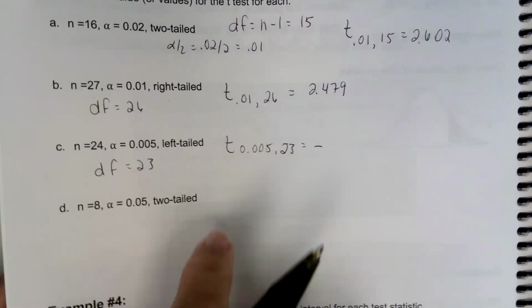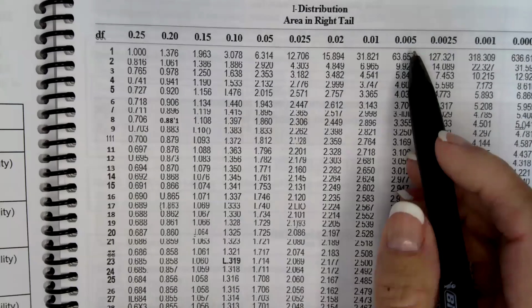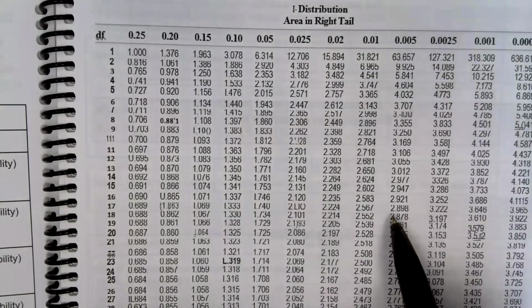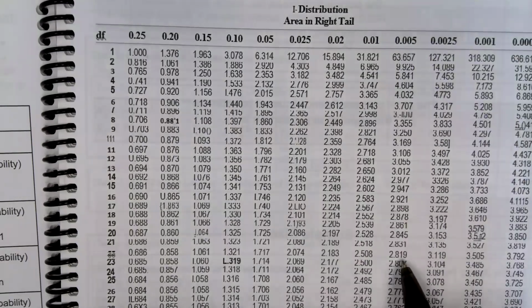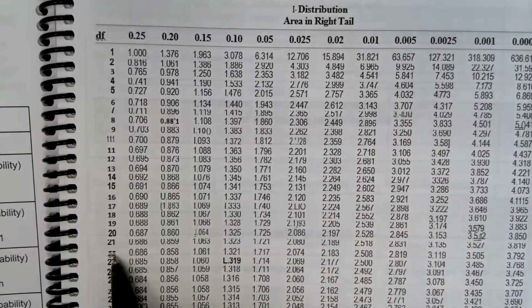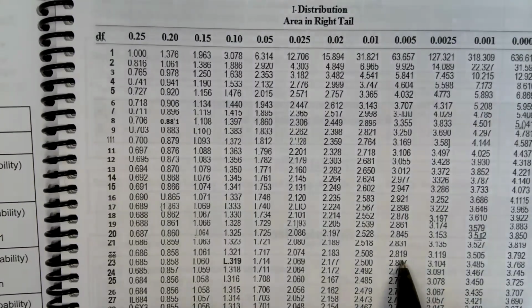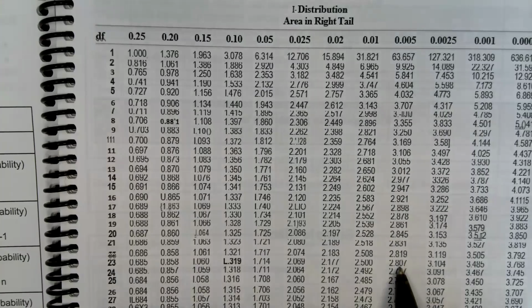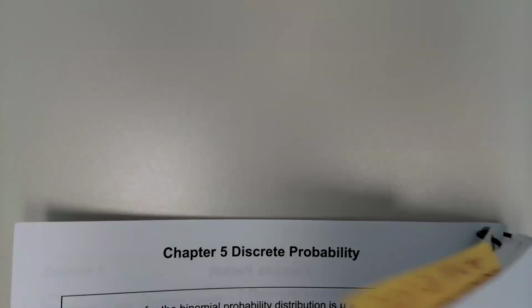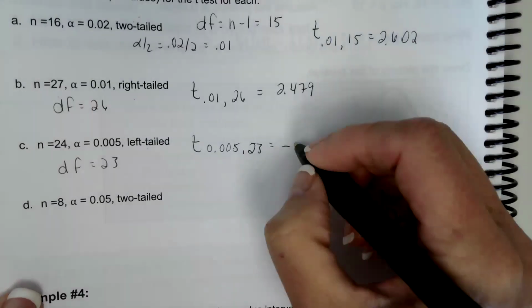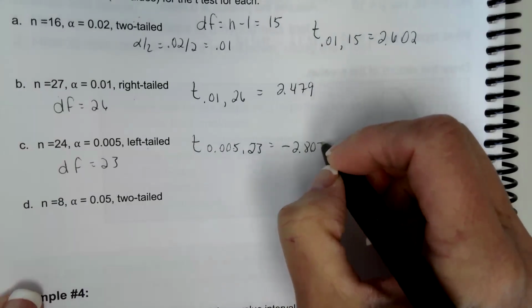So 0.005 is right here. We're going to go down to 23. And we are right here at 23. So 23 and 0.005 is right here. 2.807. A negative 2.807.